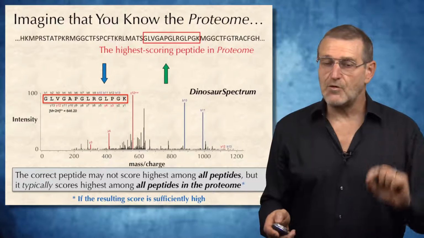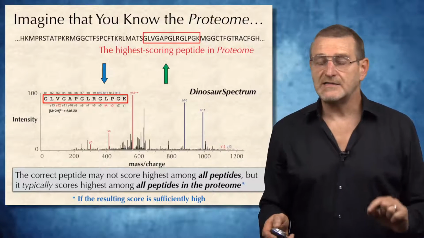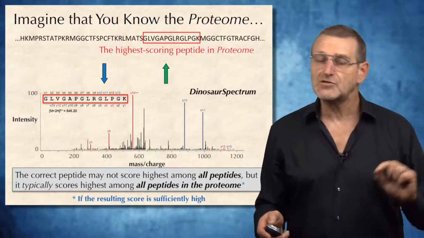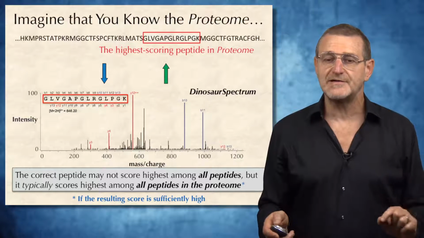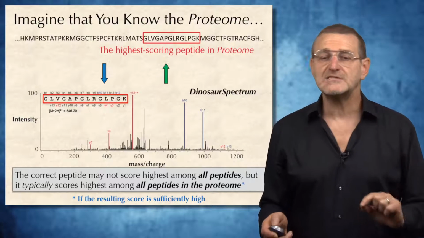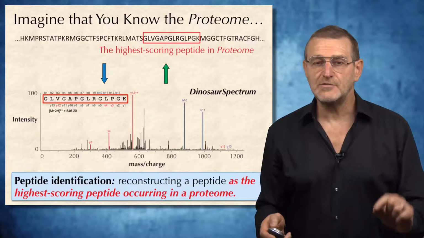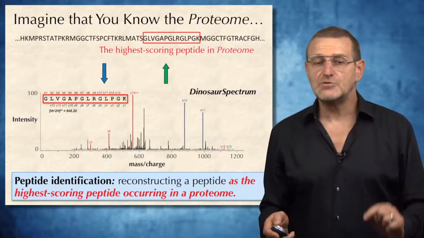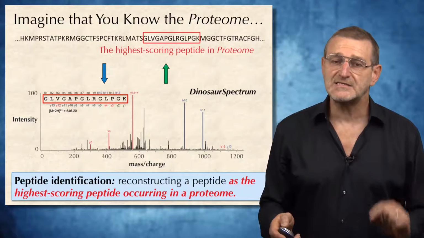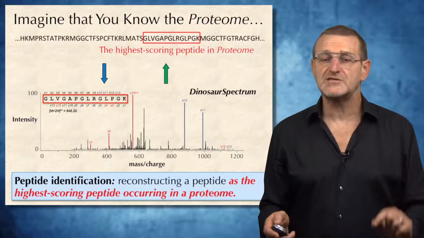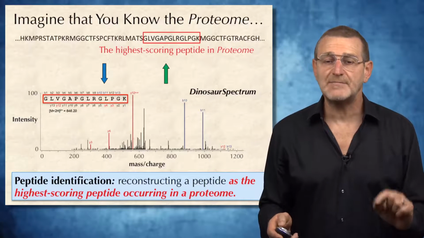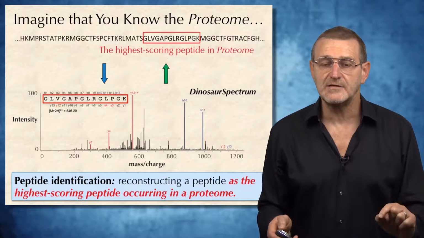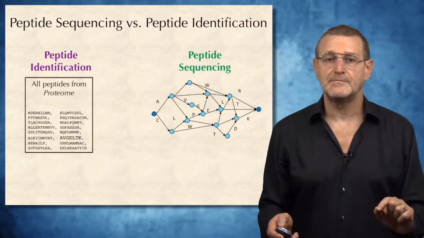There is a small print here, if the resulting score is sufficiently high, and we'll talk more about this important condition later. But it looks like we reduced the problem of interpreting the spectrum to peptide identification rather than peptide sequencing, which is reconstructing a peptide as the highest scoring peptide occurring in a proteome.